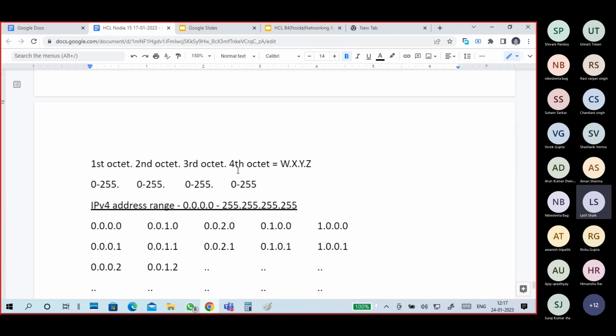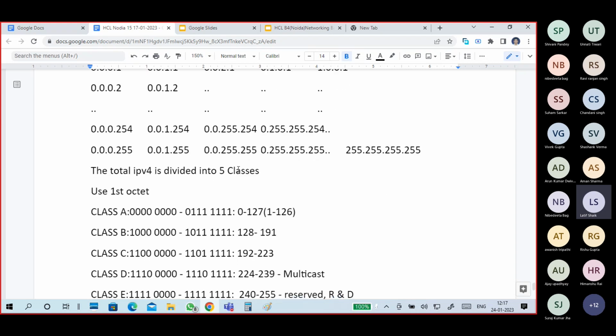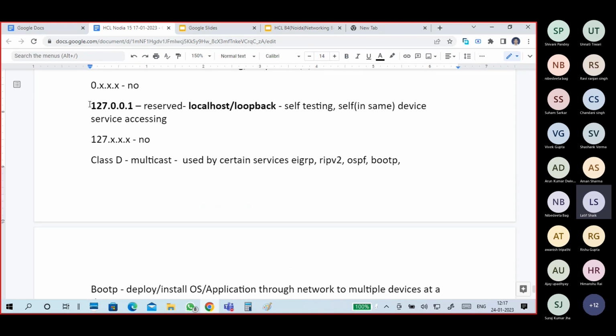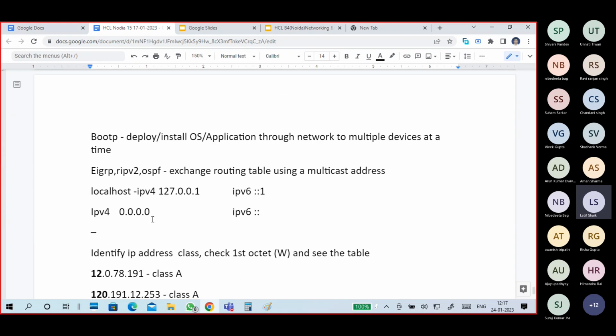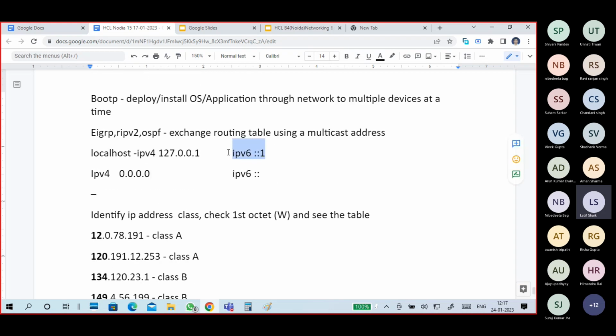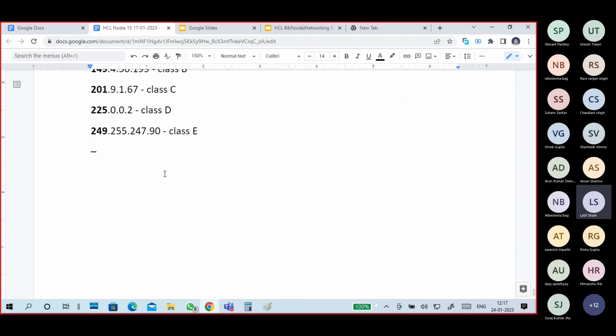I didn't go into the depth of IPv6, I just tried to tell IPv4 only. And IP addresses, their classes and ranges. And what is 127.0.0.1? It is a loopback address, localhost address. The question can be asked this way or that way. In IPv6, what is the localhost address? That is also a good one.